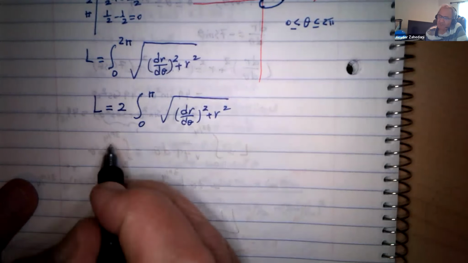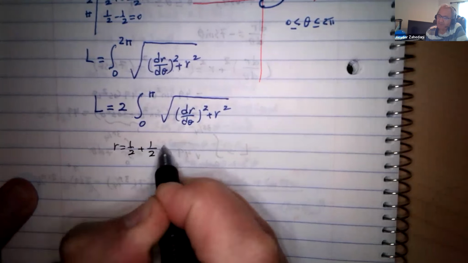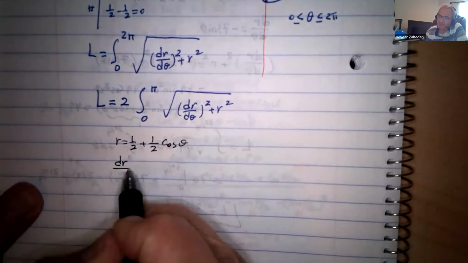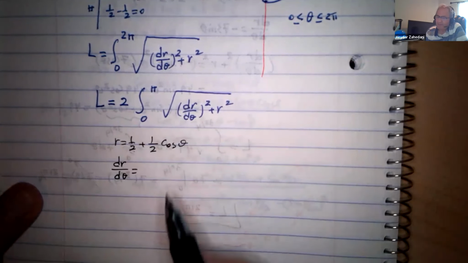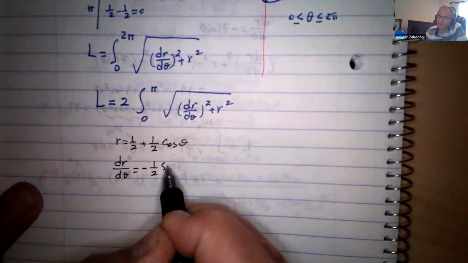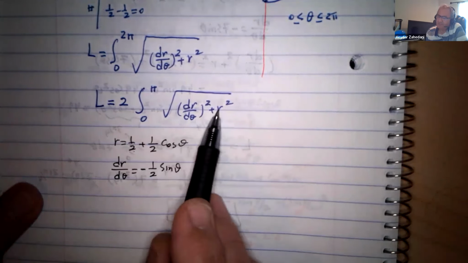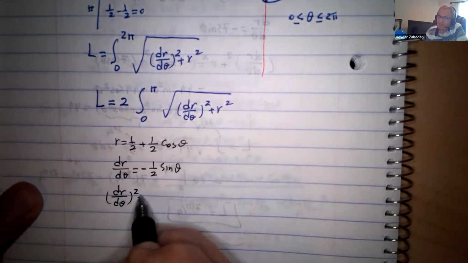So this is it. Your function is r equal to 1/2 plus 1/2 of the cosine. Differentiate it: dr/d theta. There's a 1/2 times the derivative of cosine, which has a negative sign, so it's -1/2 of the sine of theta. So what's dr/d theta squared plus r squared? Do it step by step.